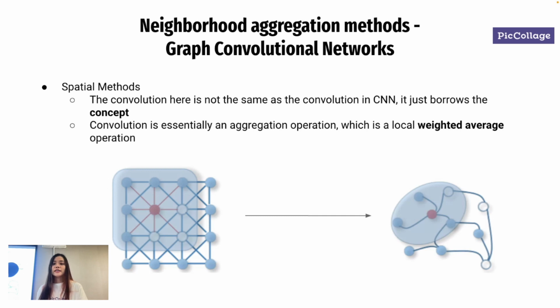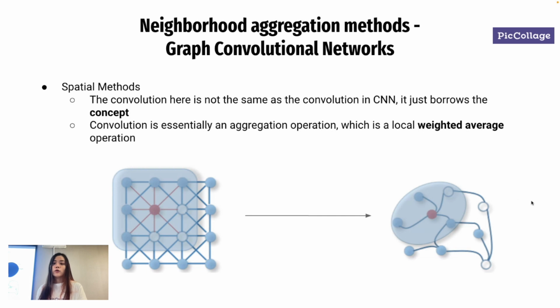So imagine the node is like a pixel, and if there is a relation between nodes, it means they are very similar. This is like the concept in an image: if the pixels are very close, they may have similar features. So they use this concept to do the convolutions.